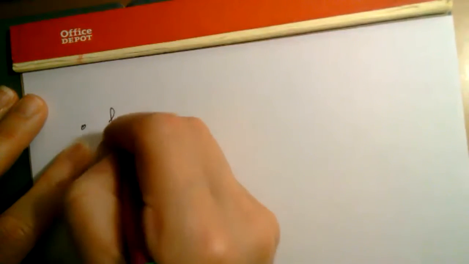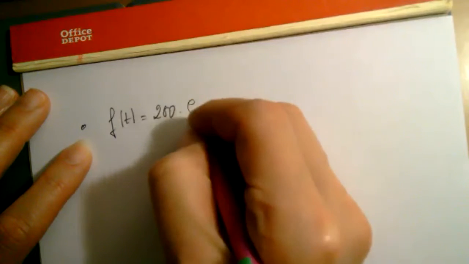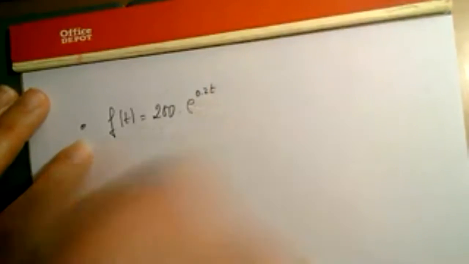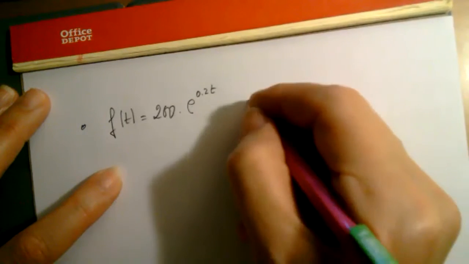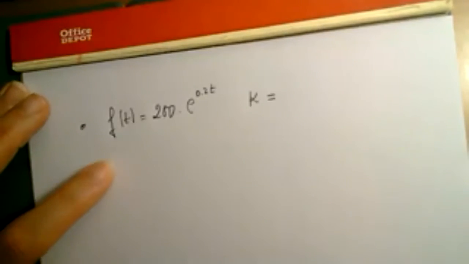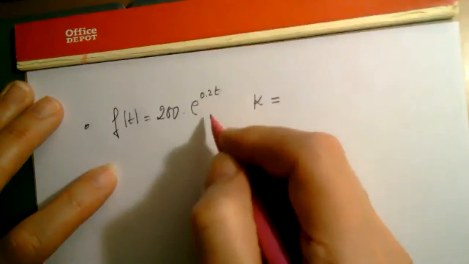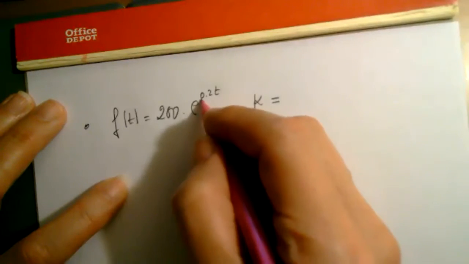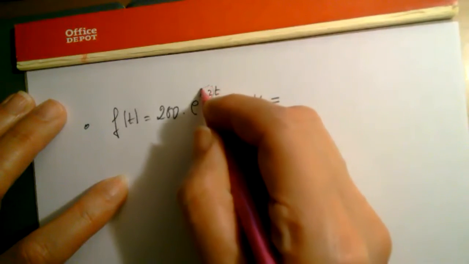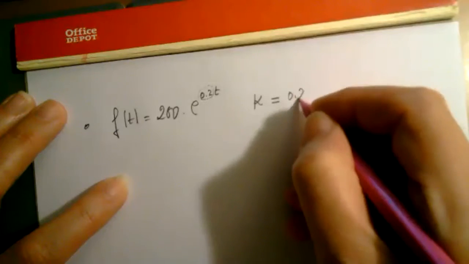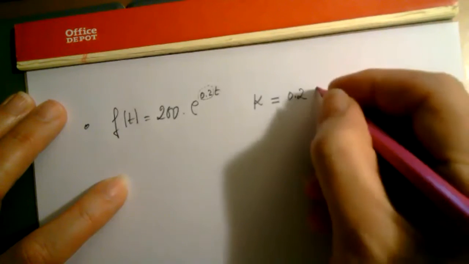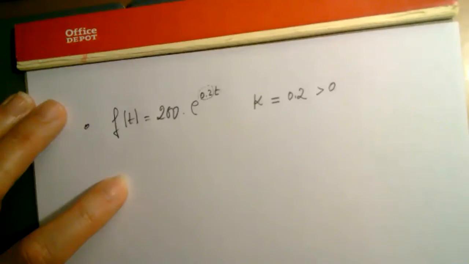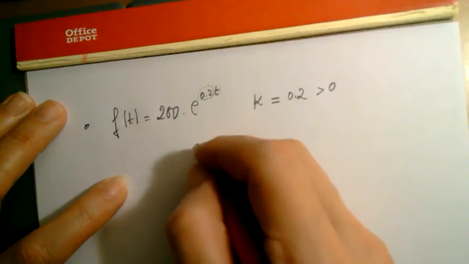So suppose f of t is 200 e to the 0.2t. 0.2 has nothing to do with t. That's my k. This is positive. It means that we have growth.